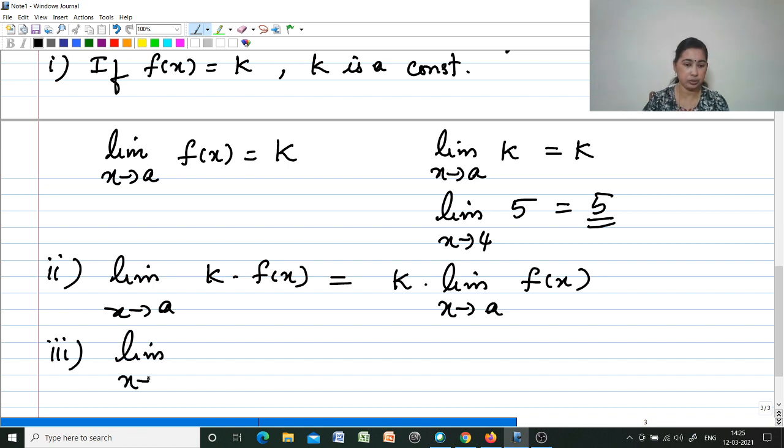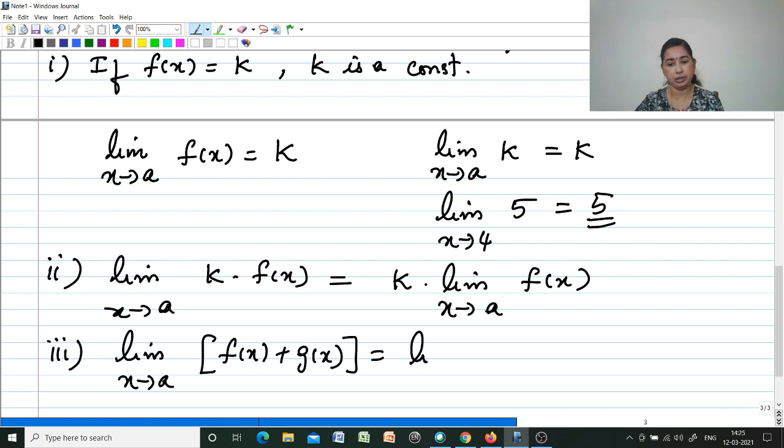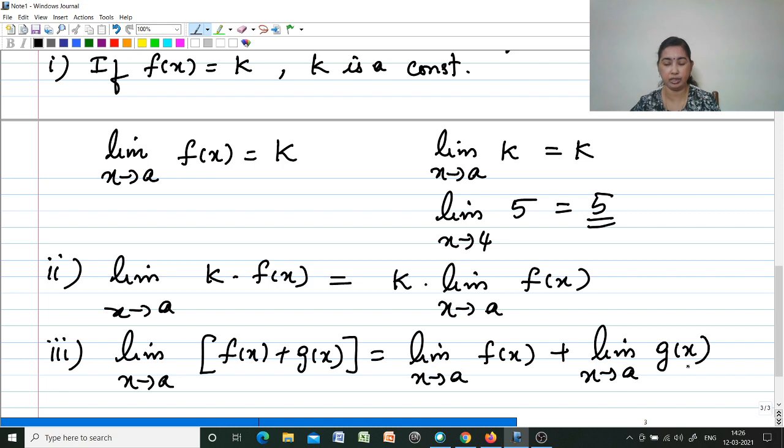Then the next result: limit x tends to a, f of x plus g of x is equal to limit x tends to a, f of x plus limit x tends to a, g of x. For two functions, we can separately apply the limits and add.